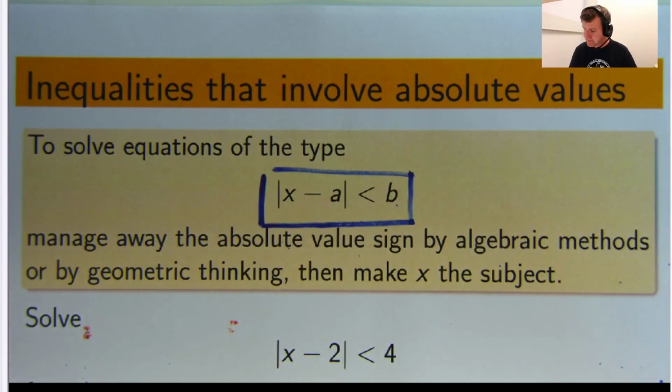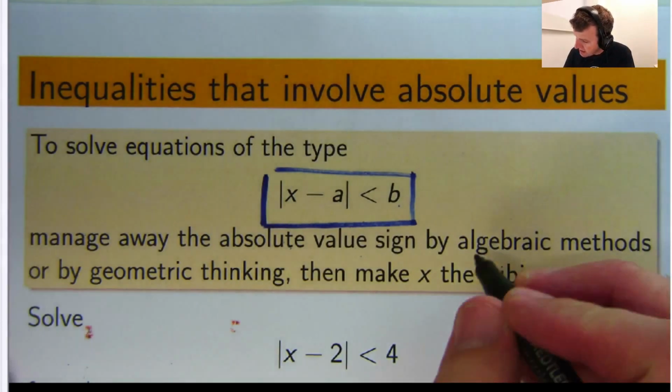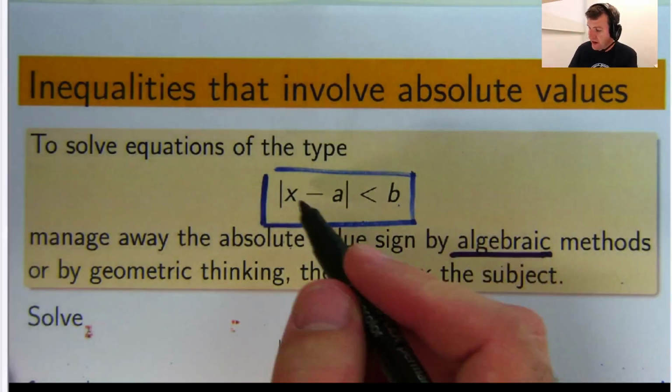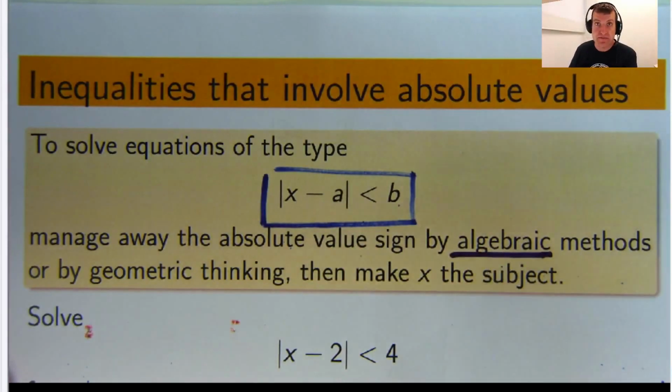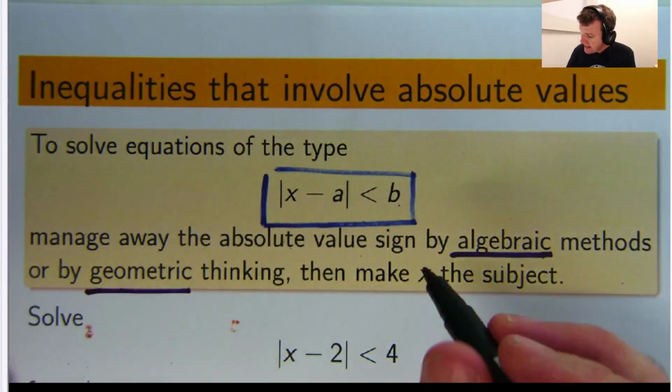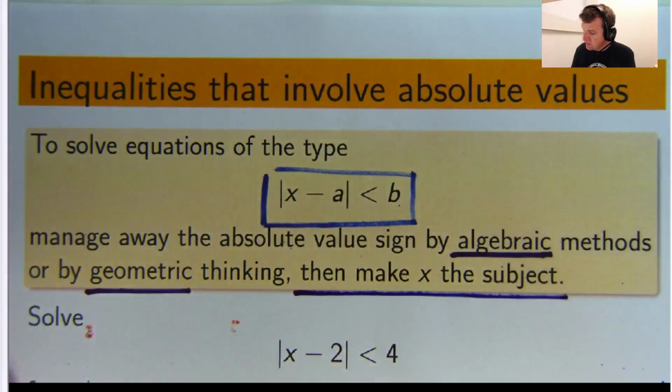Okay, so in that yellow box, I've got two ways of solving this problem for x. One is through algebra, and the other one is through geometry. And in both cases, whichever case you choose, you make x the subject to solve the problem.